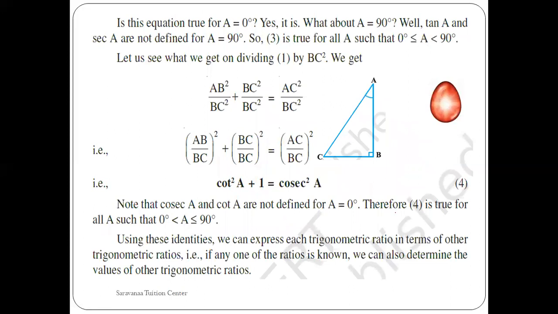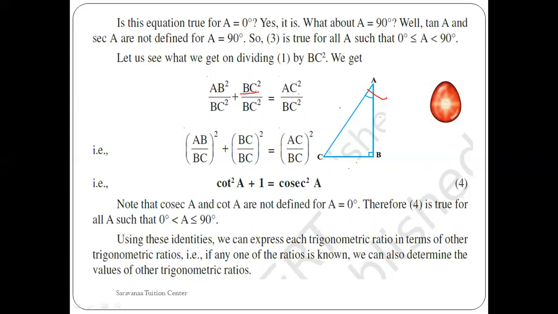Now we are going to derive the third identity. Take the same Pythagoras equation and divide everything by BC square. First you divided by AC square, then by AB square, now divide everything by BC square. From angle A, AB is adjacent and BC is opposite.